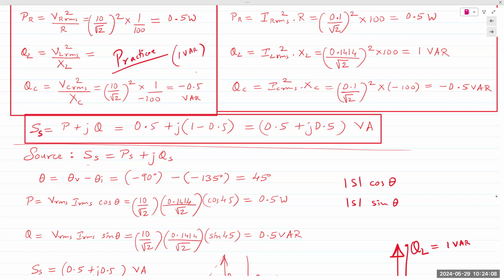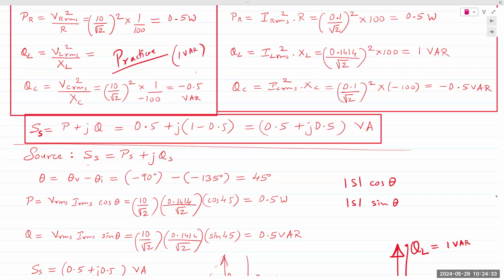S stands for the total complex power. Total complex power can belong to a source, or it could be a system, an entire circuit that has multiple sources. In this case, there's only one source, so we're talking about total complex power being supplied by that source. The logic we are using is the law of conservation of energy.